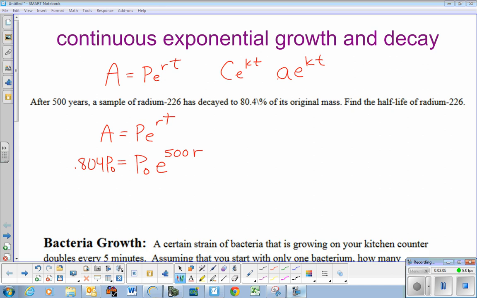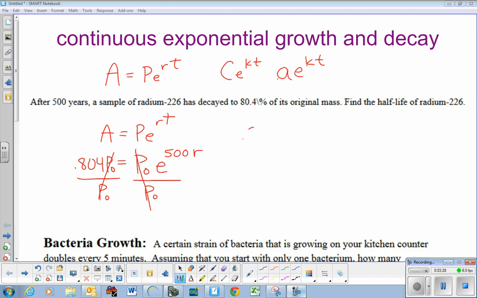Now, I don't need to know P sub 0, because if I divide both sides of this equation by P sub 0, it's going away anyway. So the important factor is that the amount is 0.804 compared to whatever we started with. If we started with 1 pound, then we have 0.804 pounds, but that P sub 0 cancels anyway.